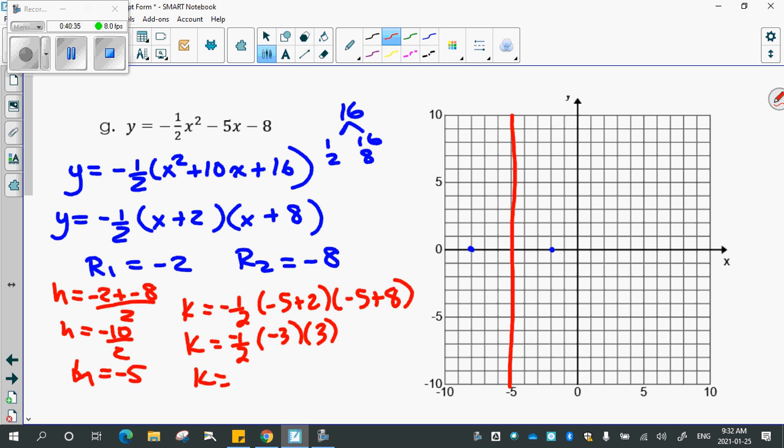K is going to be at 4.5. Right in the center there.